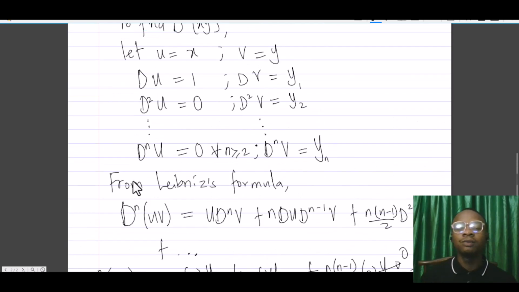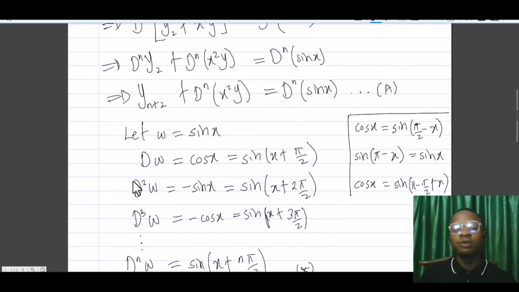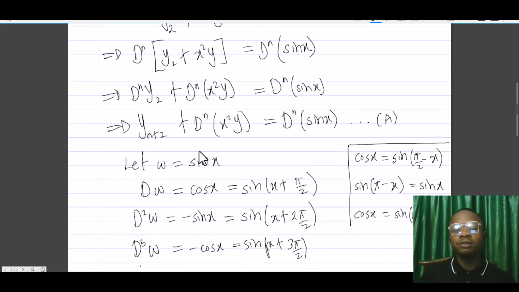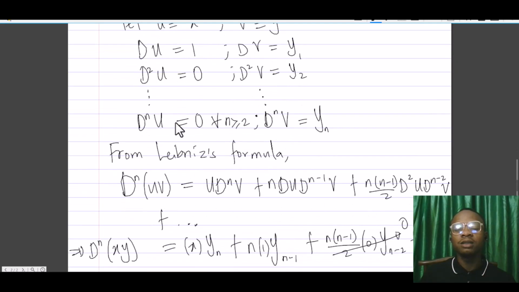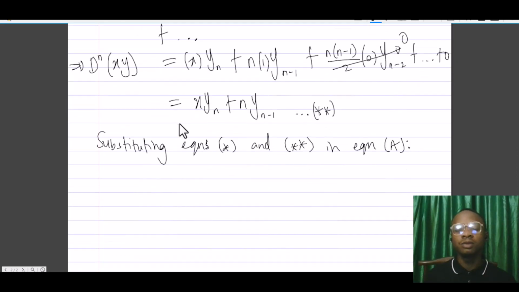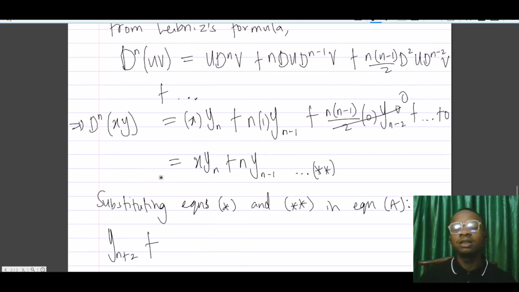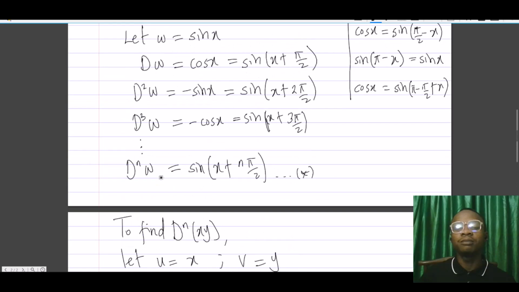So we'll get back to equation A. For equation A, we have this expression to be y sub n plus 2. So just put that in. Y sub n plus 2 comes first. Then we add the derivative of xy.